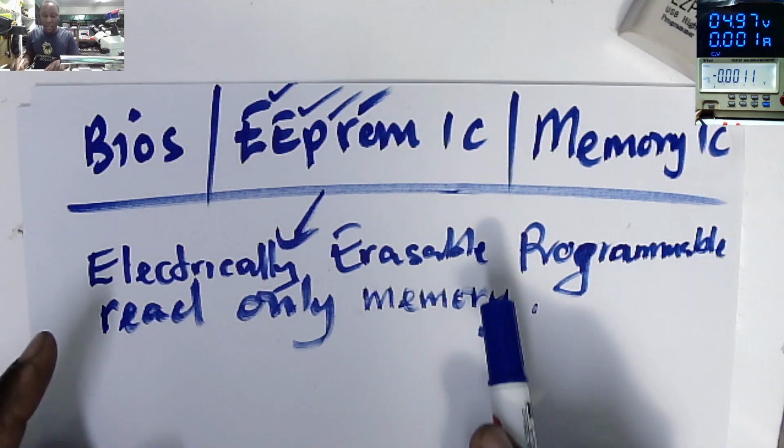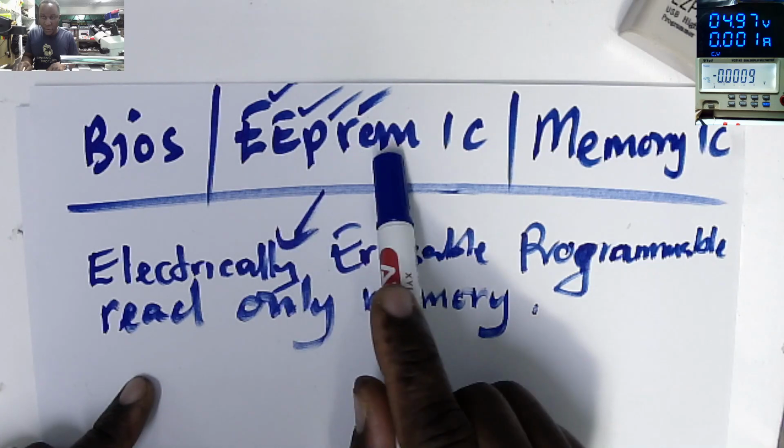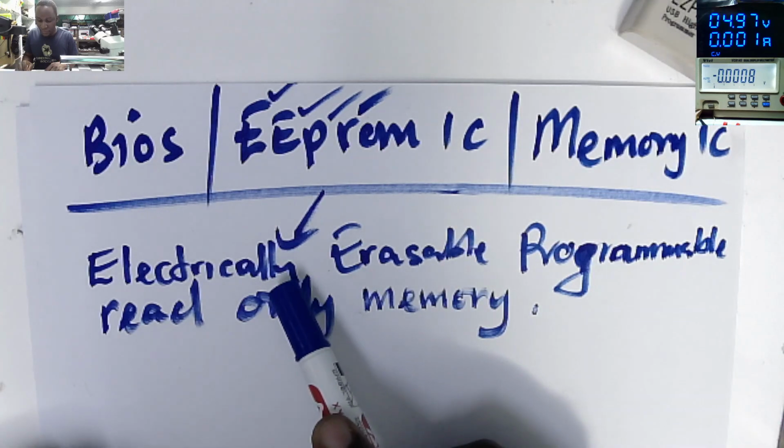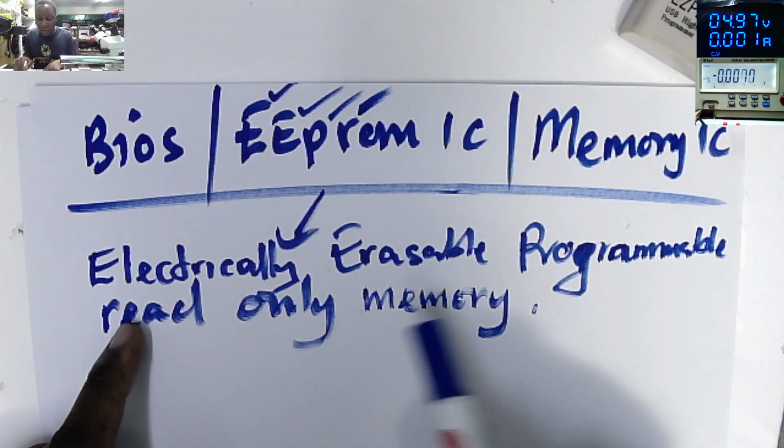That's the meaning of EPROM IC, electrically erasable programmable read-only memory.